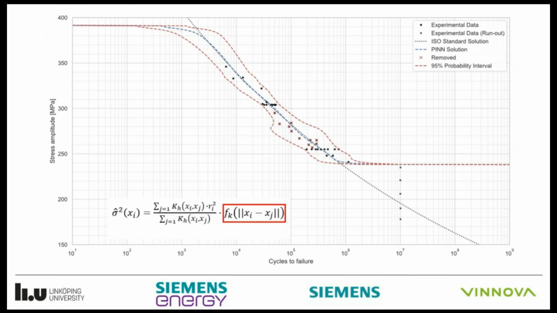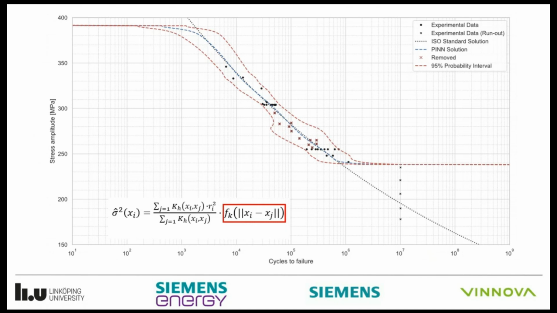Or you can implement a bit more complicated function, which is dependent on the distance. So it's not the kernel function, but similar, you can say. Then we will have a widening band here for these parts where we're missing data points, and we'll get an increase where we're extrapolating our data.